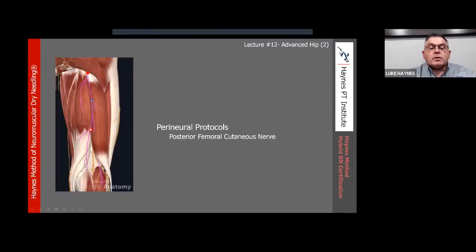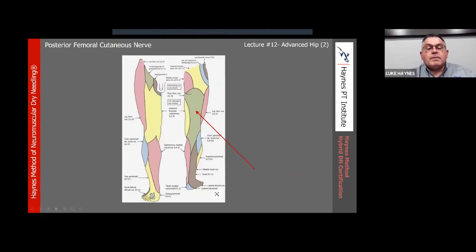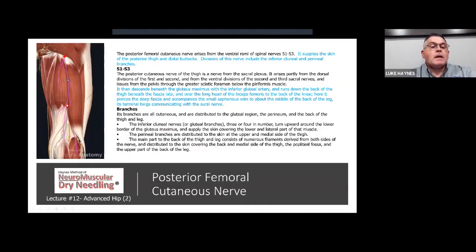Then the posterior femoral cutaneous nerve. So this is the bulk of the posterior aspect of the thigh, distal to the gluteal fold, indicated in that olive drab color by the arrow. It supplies the skin, posterior thigh, and the distal buttocks.